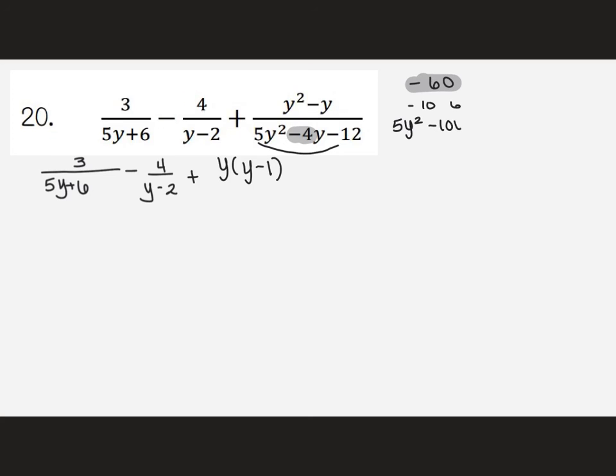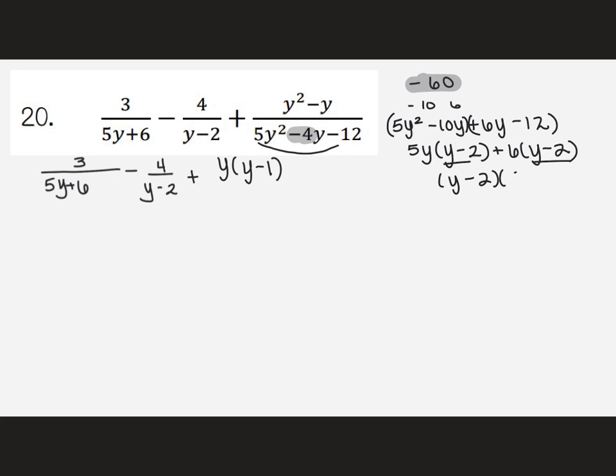You rewrite -10y plus 6y, and you leave c. You factor by grouping. So I can factor out a 5y. I can factor out a 6. The y minus 2's can be factored out, which leaves me with 5y plus 6.